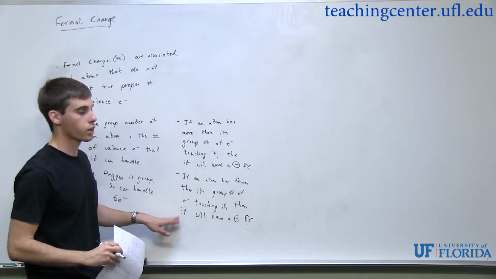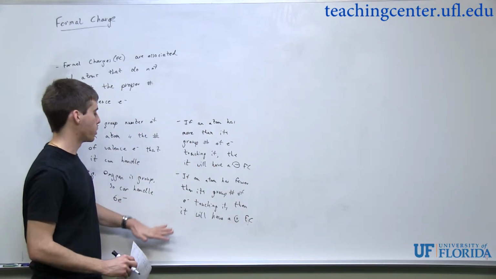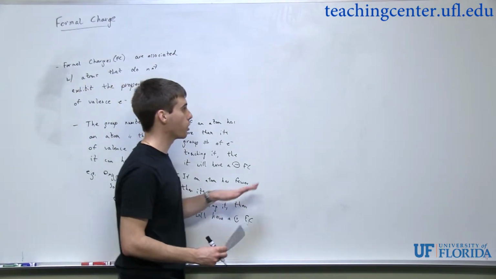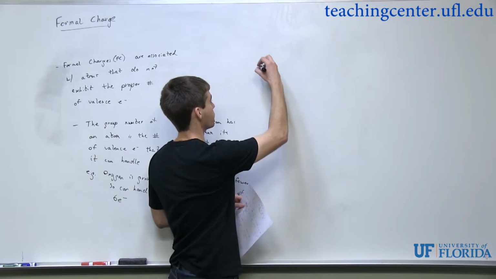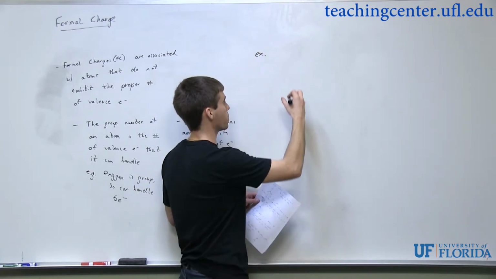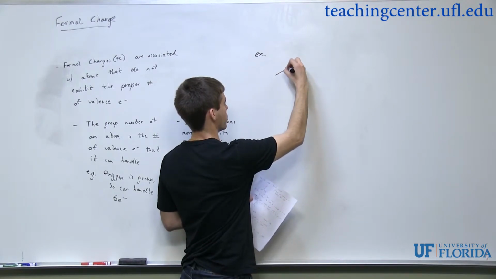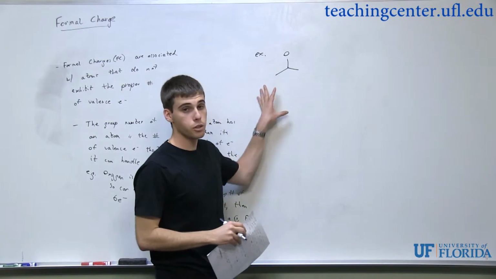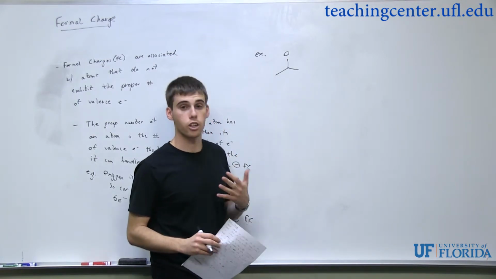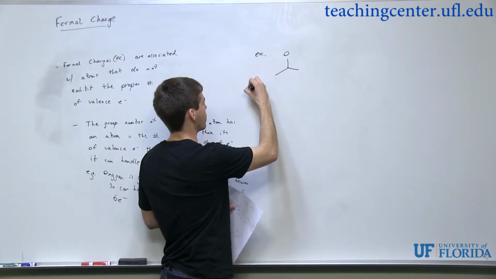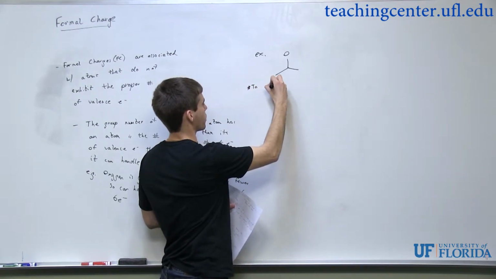Okay, so we're going to do an example that will bring this all in. This is how we're going to assign formal charge. We want to assign the formal charge to this atom. The key to assigning formal charge is looking at the number of electrons that are touching the atom. I'll write that here because that's a really important point.